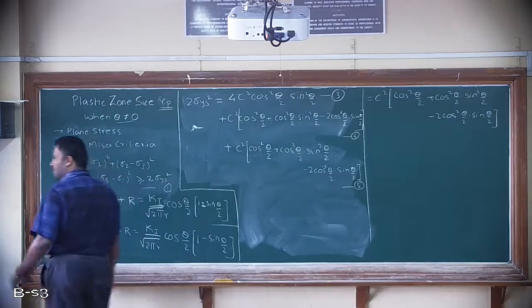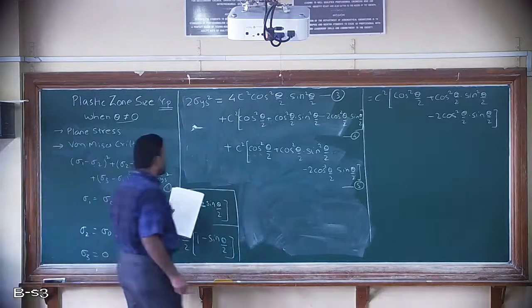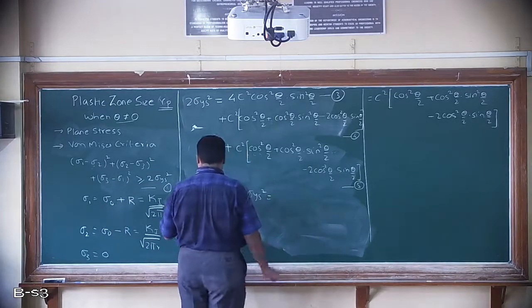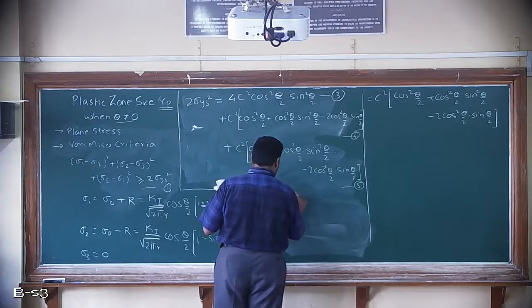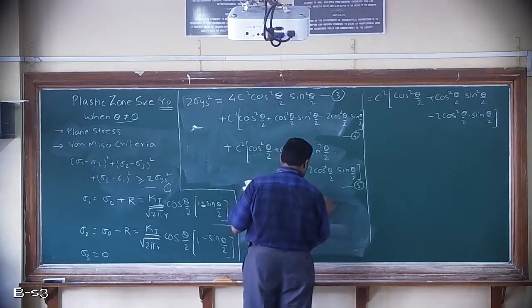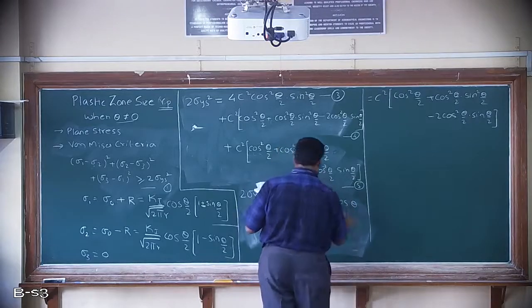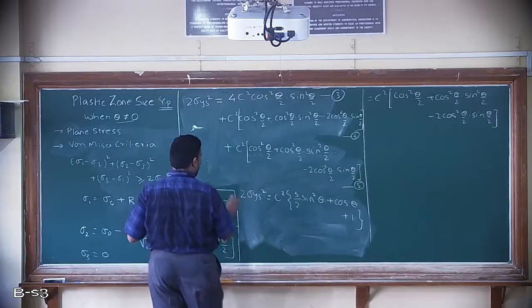Now we shall simplify this equation, and finally we will get 2σ_ys² equal to C² (3/2 sin²θ + cos θ + 1).